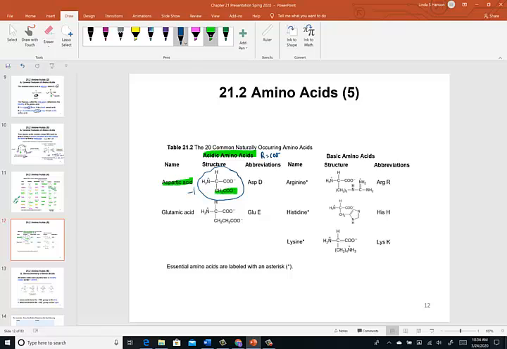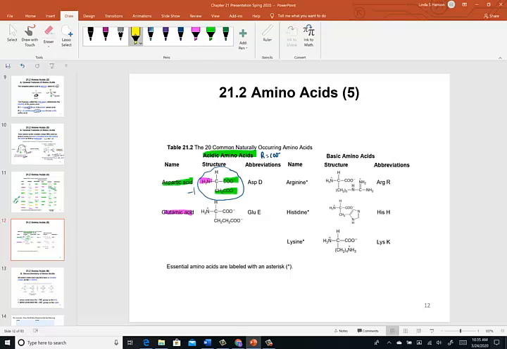There are 2 functional groups of carboxylic acids compared to just 1 amine group. So that left it with a net -1 charge as the Zwitter ion. Here is glutamic acid. Glutamic acid has 2 methyl groups followed by a COO negative. GLU and E, glutamic acid.